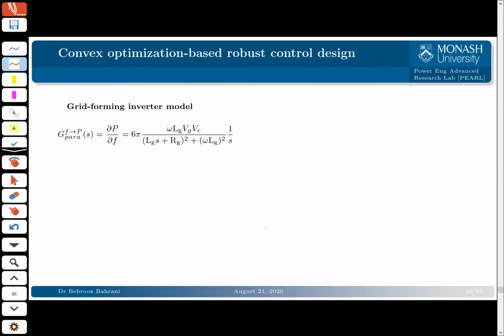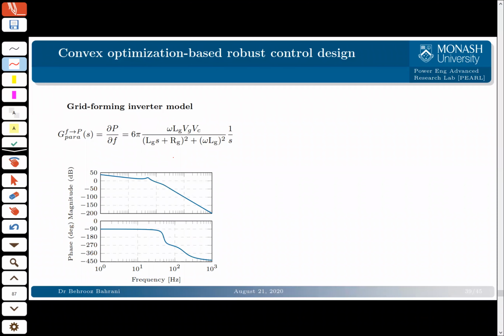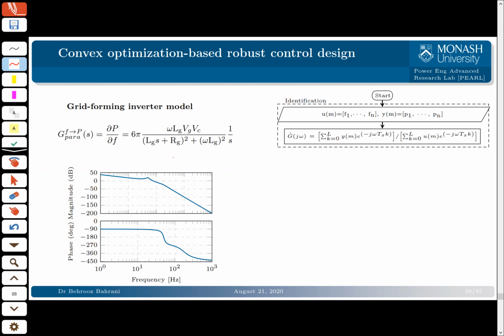Now, what we're doing at the moment at Monash is designing a new family of these primary controllers. We've modeled the system, and this is the model that we have derived for a grid forming inverter. This is how the frequency response looks. Using the approach I described previously, we have identified, or you can have, a parametric model, it doesn't matter.